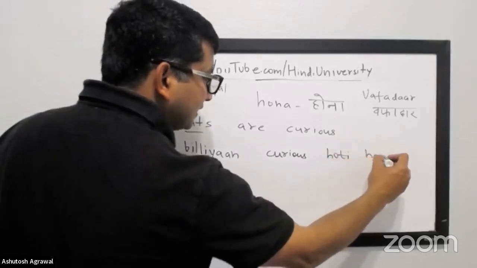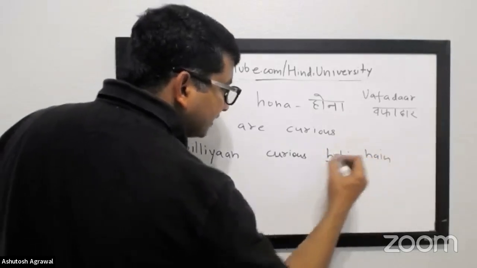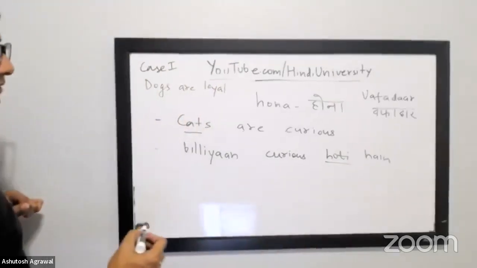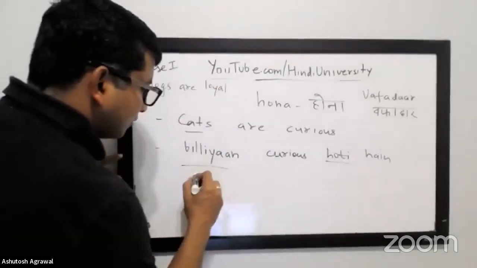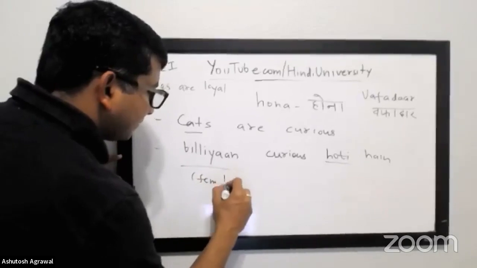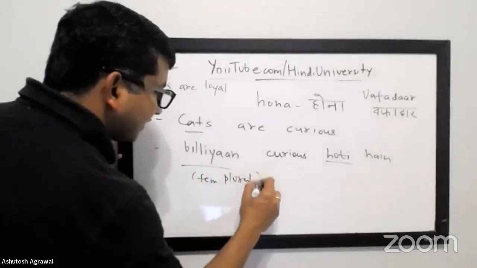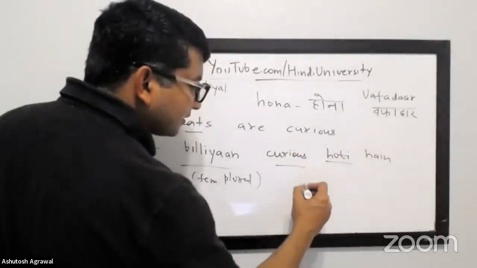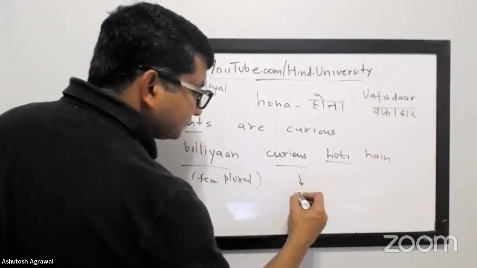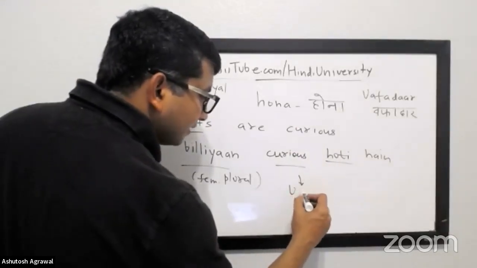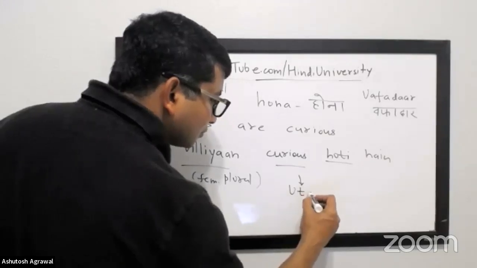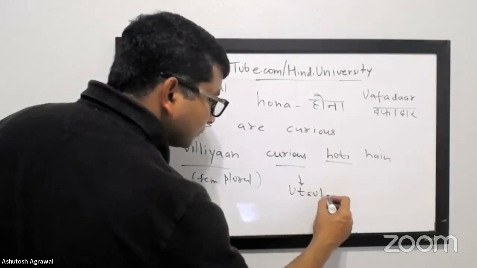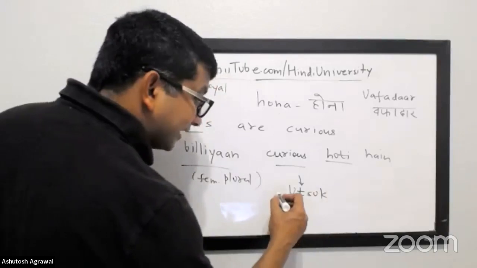Okay. Hoti hai. Why did you use hoti here? Feminine cats. Okay. So because it is plural. Yes. Yeah. Billiyan. And what's the word for curious that you guys use? Utsuk. So you use utsuk. Okay, utsuk. Jigyasu. Very good, jigyasu, right?